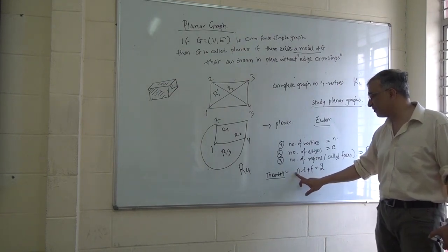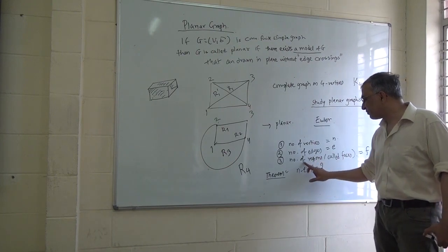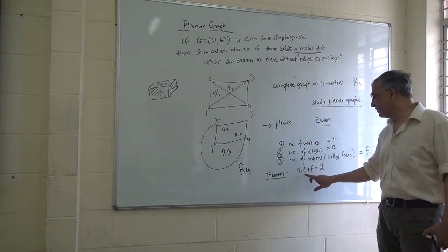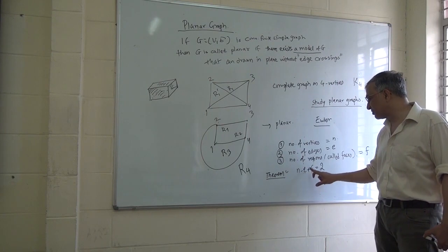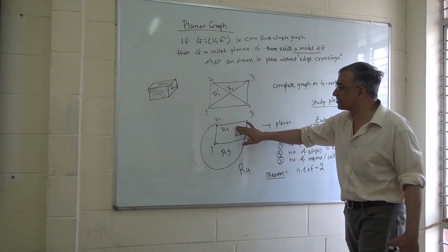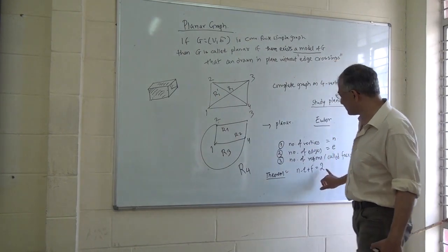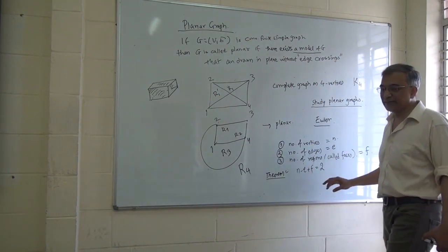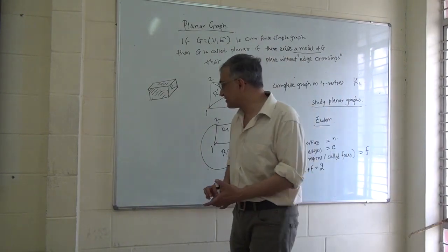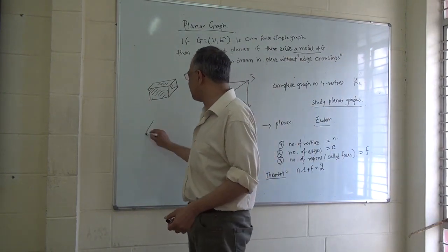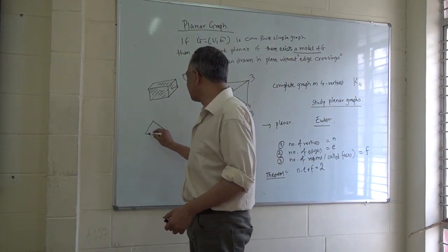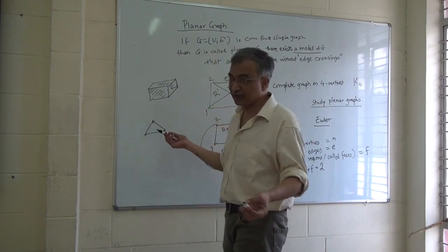n remains the same. So therefore e will become e minus 1, f will become f minus 1, and they cancel. So we use induction on the number of edges to prove this. What is the least number of edges that you can start with? You start with a triangle, a connected graph which is clearly planar, no edges crossing.